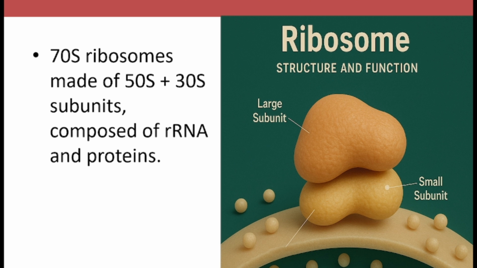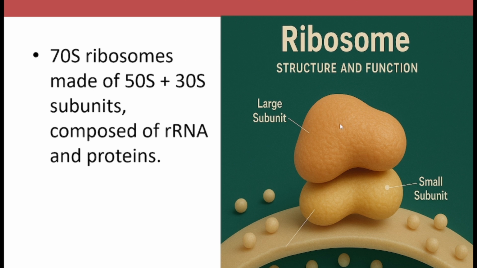The ribosome found in a prokaryotic organism is the 70S ribosome, which consists of 50S and 30S subunits. The upper, large portion is called 50S, and the lower, small one is called 30S. It is composed of ribosomal RNA and protein.